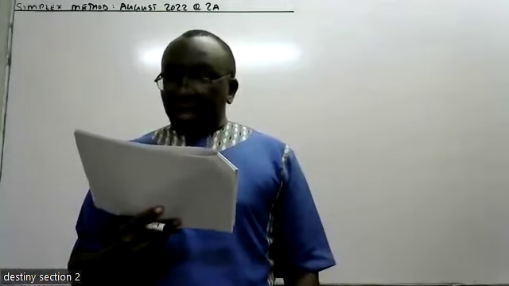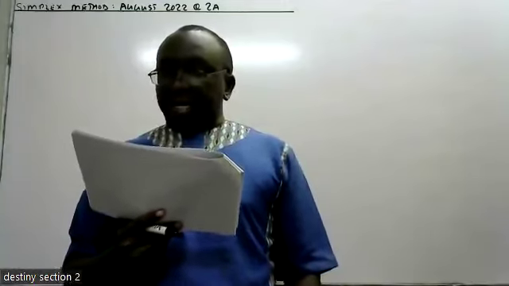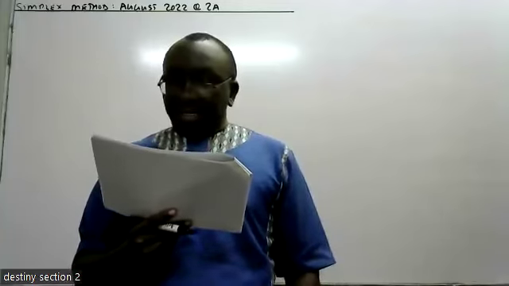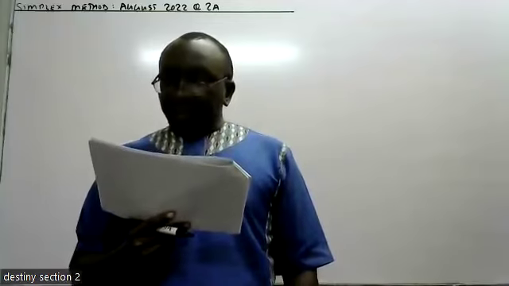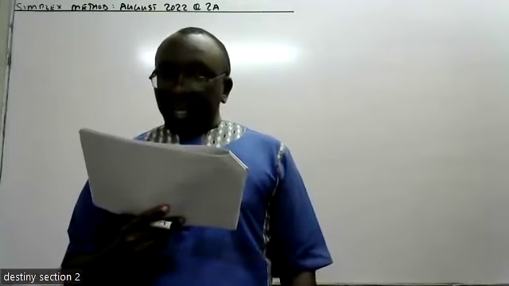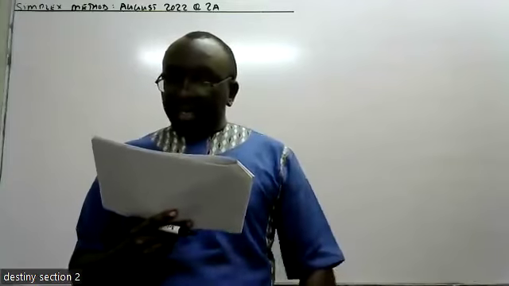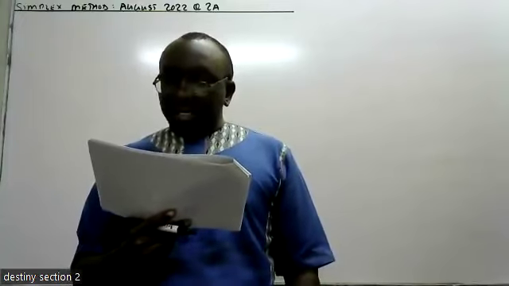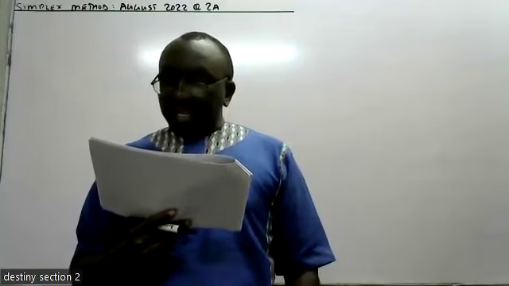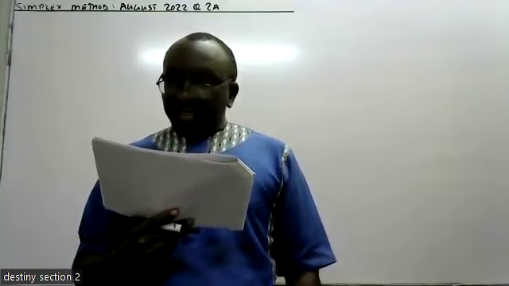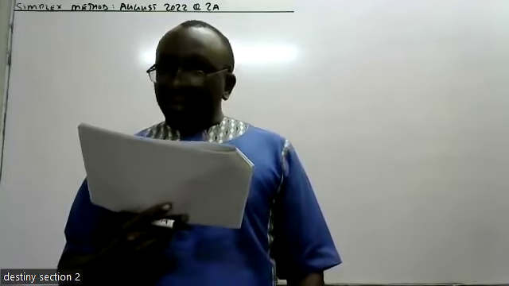The question says, TMA company produces 3 products, standard, deluxe, and luxury, in 3 of its departments, which are cutting, assembly, and finishing. The total available labor hours per week for cutting, assembly, and finishing departments are 180, 300, and 240 respectively. To produce 2 units of standard requires 240 minutes in the cutting department, half the amount of time in the assembly department and same amount of time in the finishing department as in the cutting department.